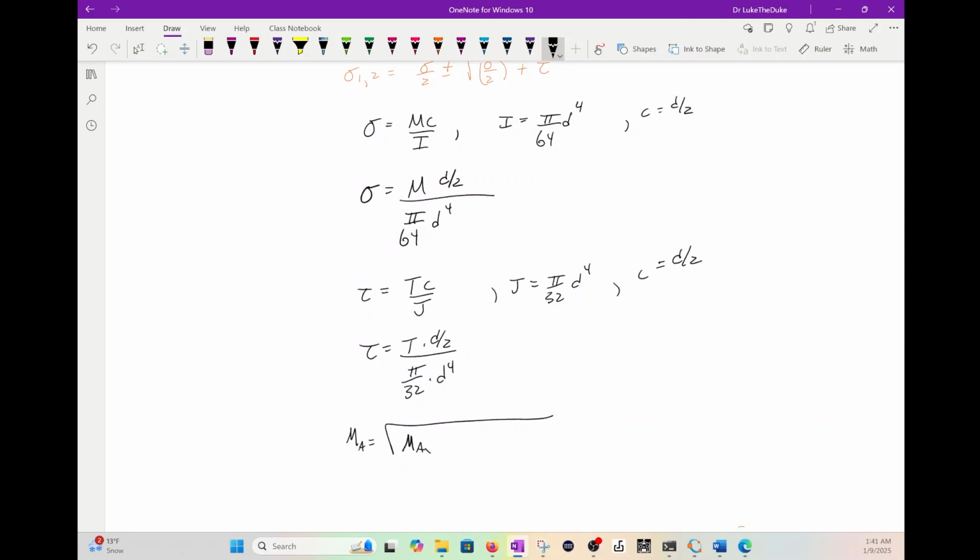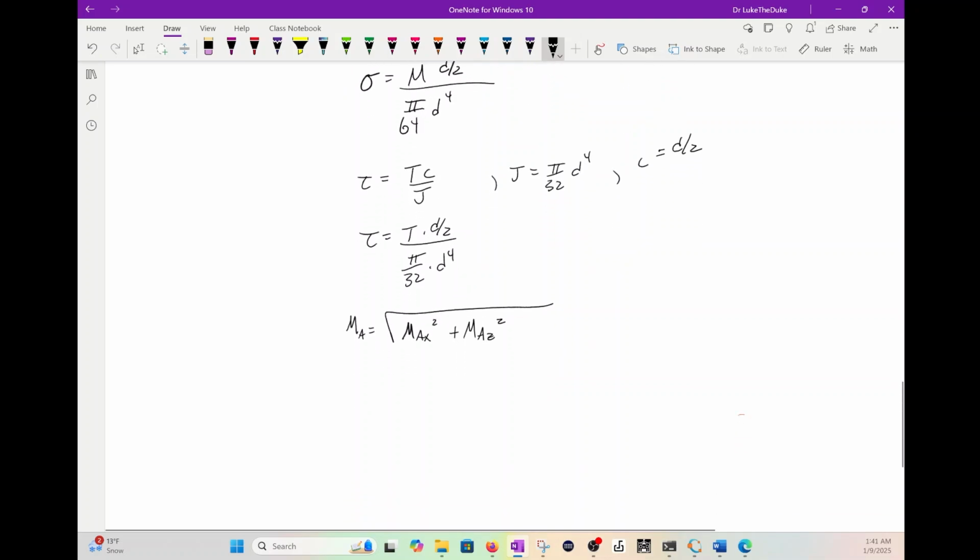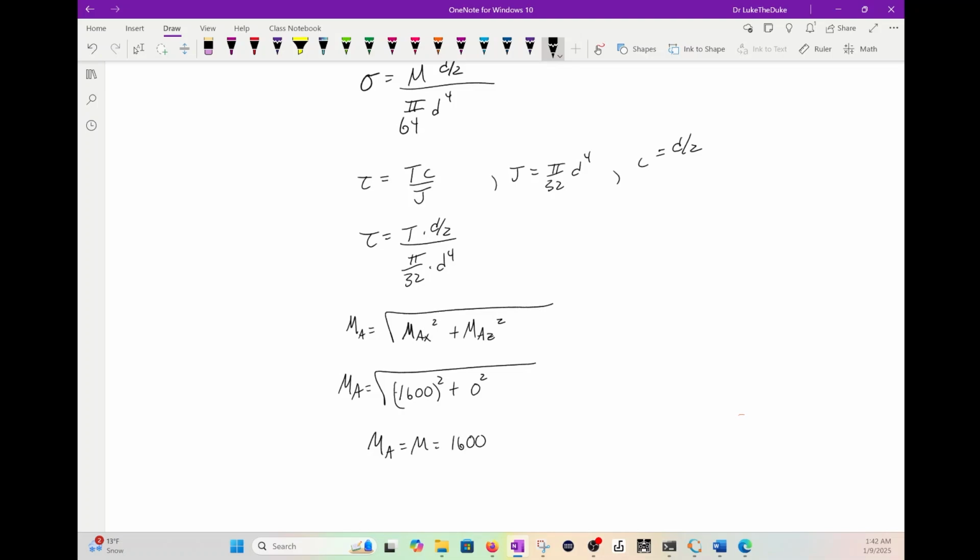The square root of MAx squared plus MAz squared. All right. Because if you look at location D, yeah, that's 240. Let's do both. MA equals the square root of negative 1600 squared plus, I believe this was 0. Yep, 0 squared. So MA or M is 1600.